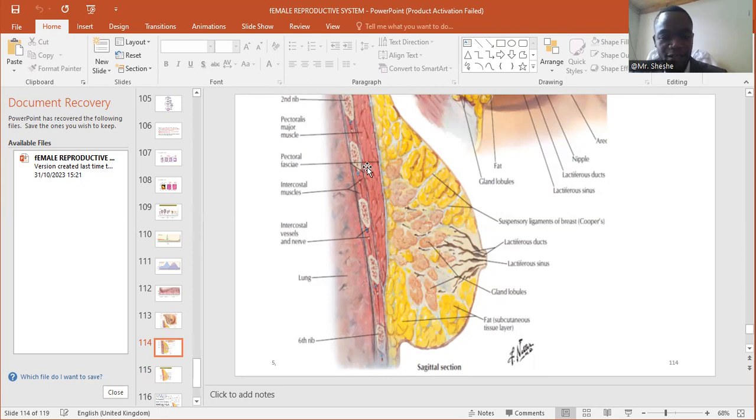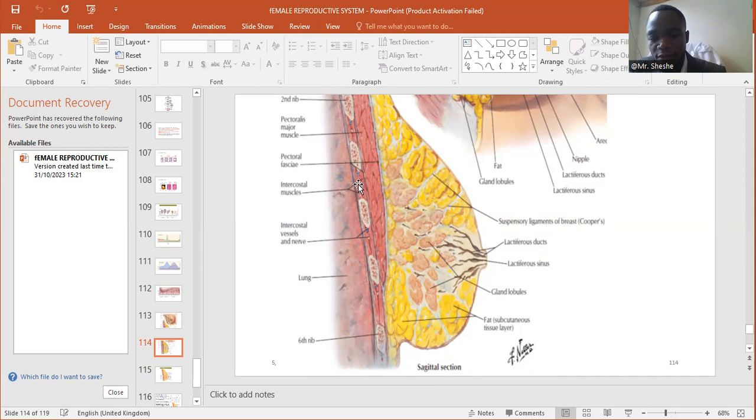Then immediately underneath the pectoralis major muscle are now the intercostal muscles that we talked about. You and I now at this stage know the types of intercostal muscles that we have. There are three of them: external, internal, and innermost intercostal muscles, which are shown here.